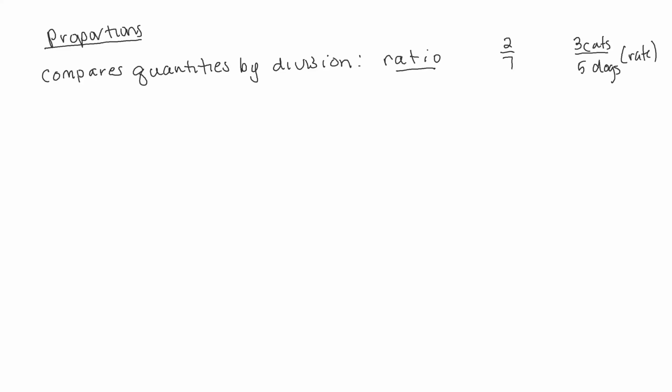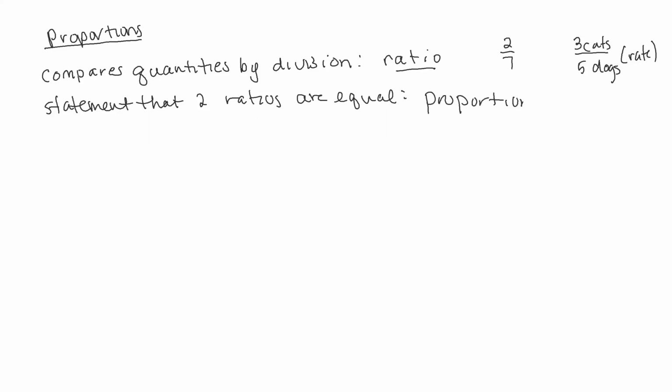So next up, we have a statement that two ratios are equal. That is a proportion, okay? So a little bit further, just so you don't feel like this is completely disjoint, a proportion is a special type of equation.